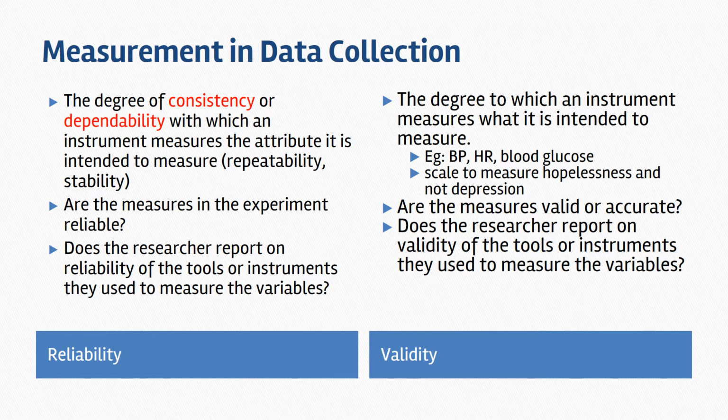So we want to make sure that the scale we're using measures what it is intended to measure. Is it measuring hopelessness, or could there be an overlap with other concepts like depression? So are the measures valid and accurate? And does the researcher report on the validity of the tools or instruments they use to measure?